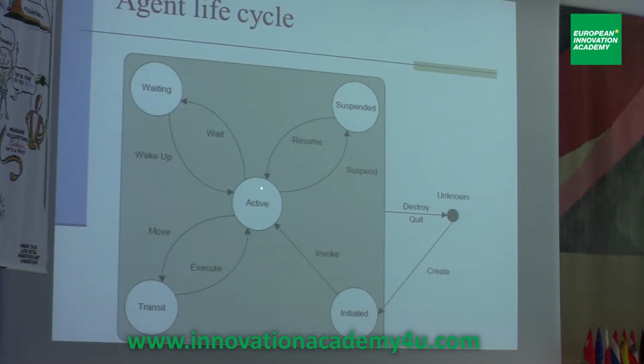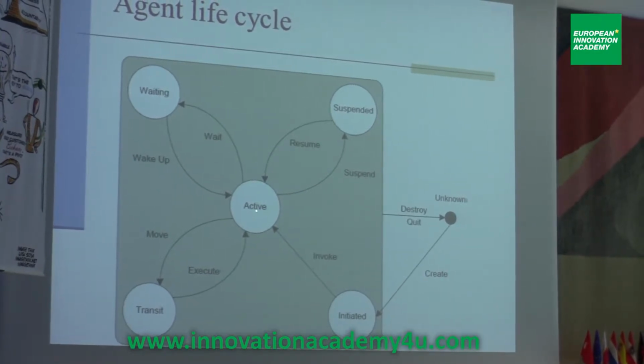Now the agent can be sent to the waiting state by executing the wait action. After that the agent is in the waiting state, and it can be woken up by the wake up action, so that it returns from the waiting state to the active state.